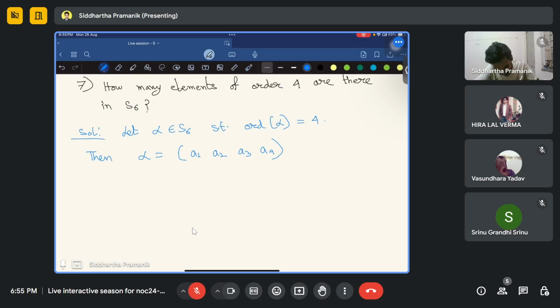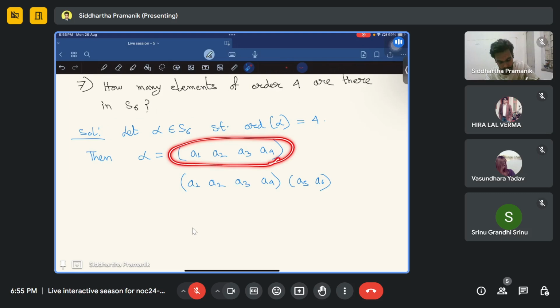So alpha can be a product of a 4-cycle with a 2-cycle. It should be disjoint. So (A1 A2 A3 A4)(A5 A6).